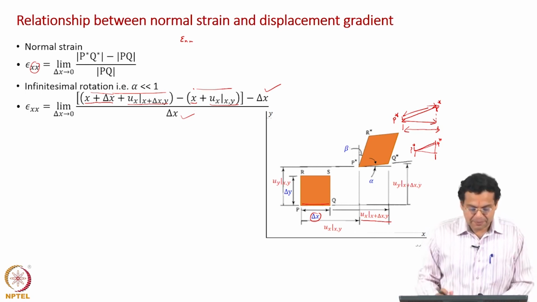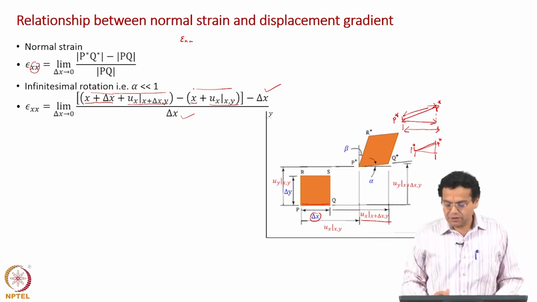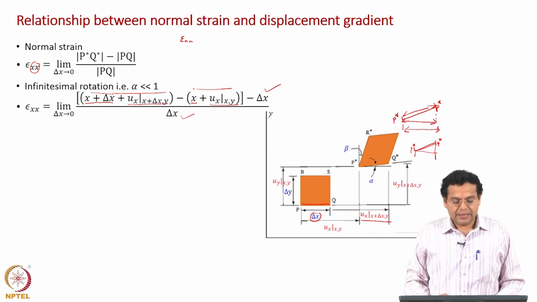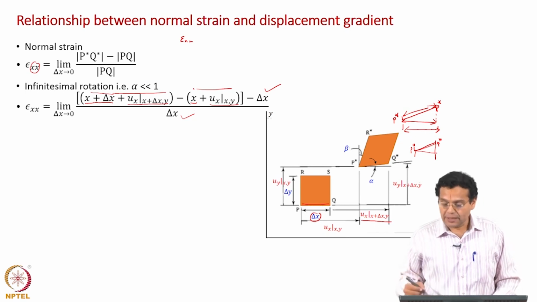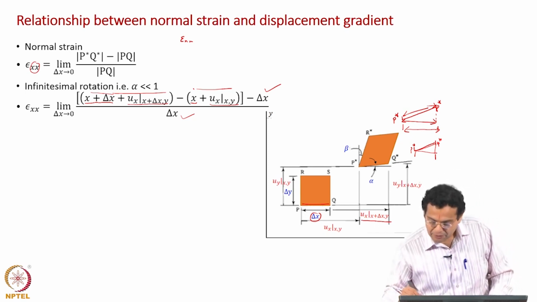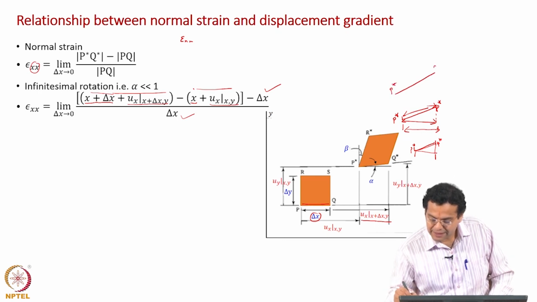Let me repeat again. We want to find new length minus old length by old length. For the new length, I want the actual length of P*Q*. I am slightly exaggerating the angle just for understanding.